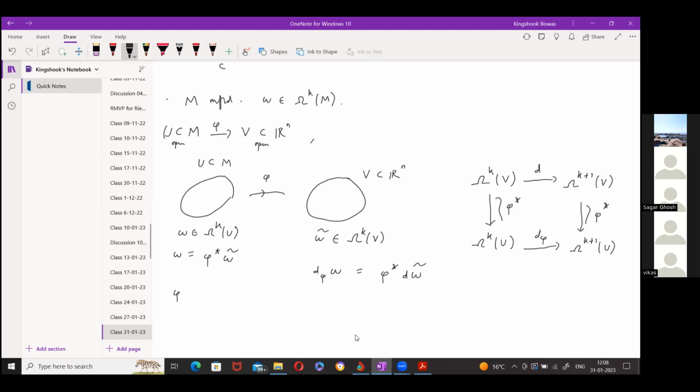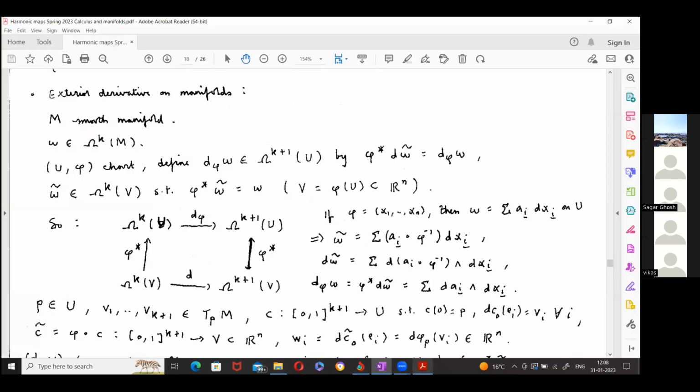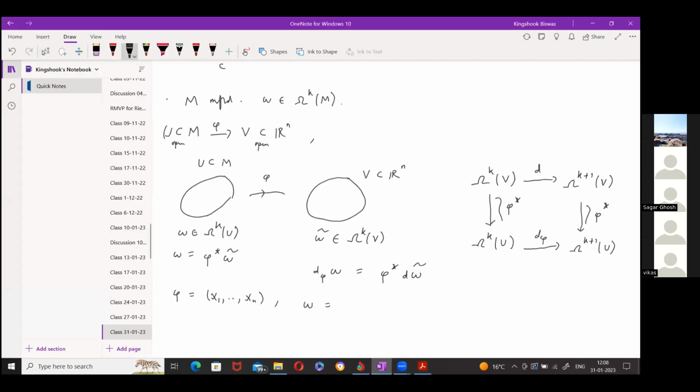So if phi has coordinates, say x1 to xn, and omega is equal to the sum over I bar of a I bar dx I bar, then omega tilde has to be the sum over I bar of b I bar dx I bar.